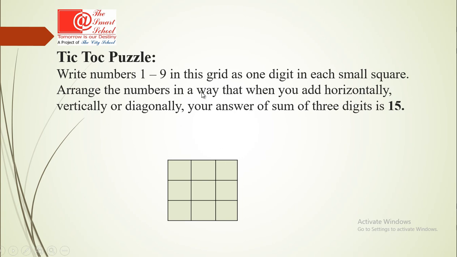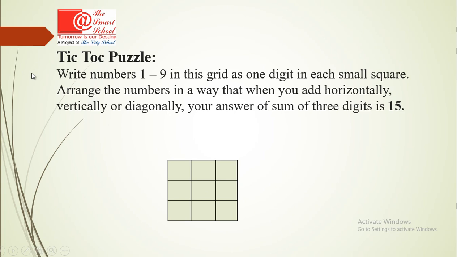Arrange the numbers in a way that when you add horizontally, vertically or diagonally, your answer, the sum of 3 digits, is 15. Like these 3 numbers, the answer will be 15, here 15, here the sum will be 15, in the vertical also 15, the sum is 15 in this vertical row and the sum is 15 in this, and even diagonally the sum of these 3 digits will be 15 and the sum of these 3 digits will also be 15.